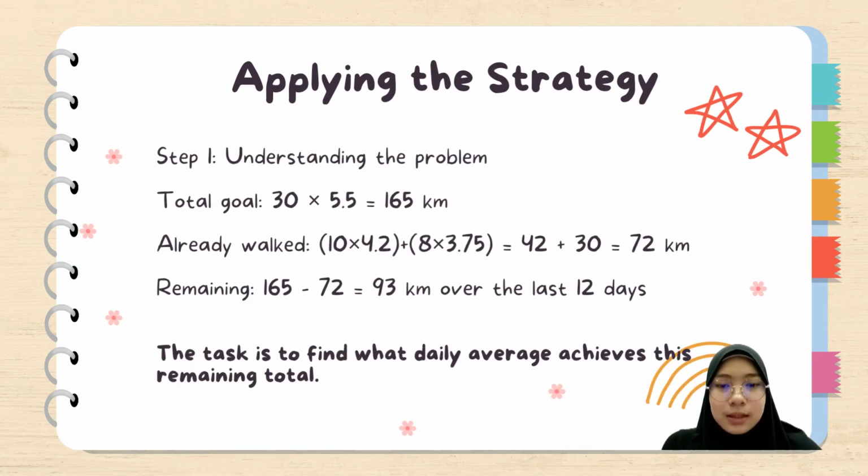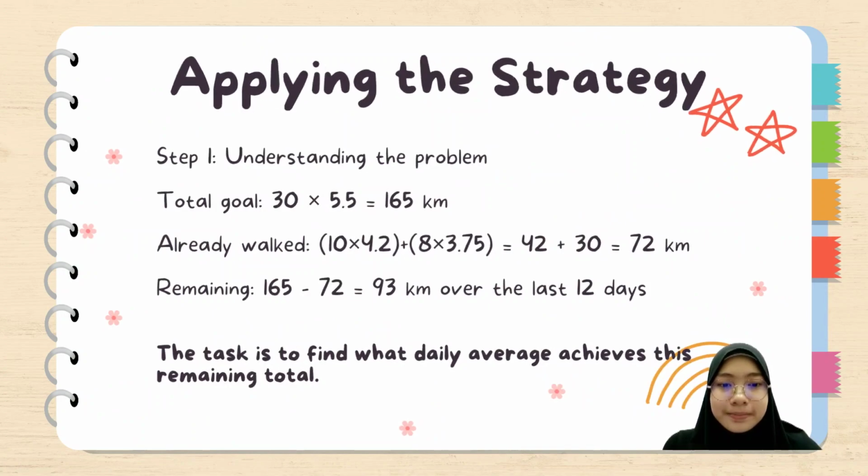That means he still needs to complete 93 kilometers during the remaining 12 days. So, the challenge is to find how many kilometers per day Amir must walk to cover those remaining 93 kilometers. This step is crucial because understanding the relationship between totals, averages, and time forms the foundation for correct reasoning.